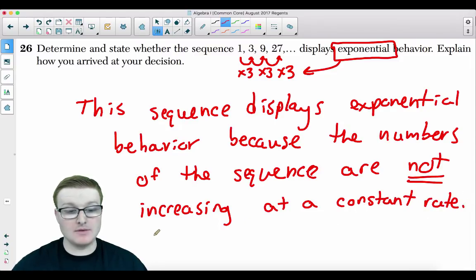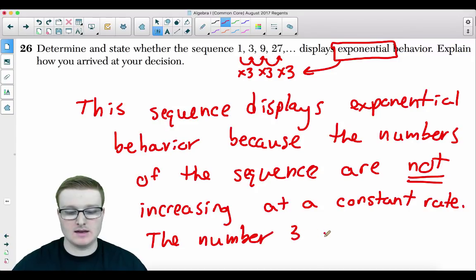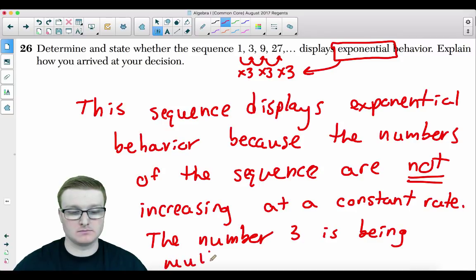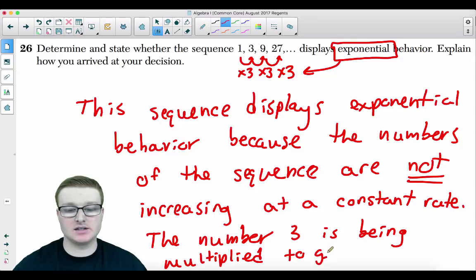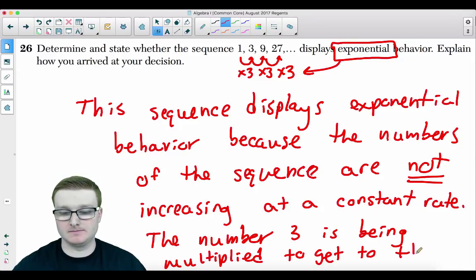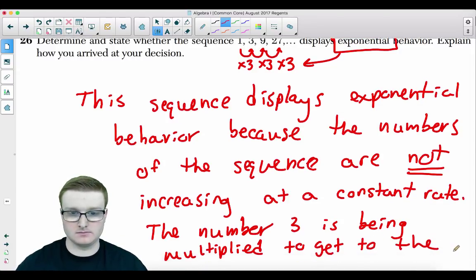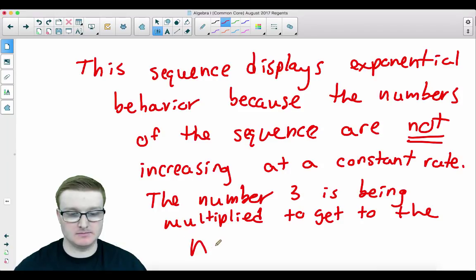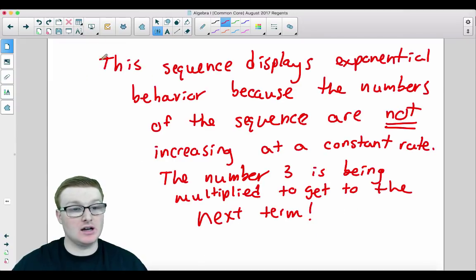The number 3 is being multiplied to get to the next term. And that's how you explain your answer.